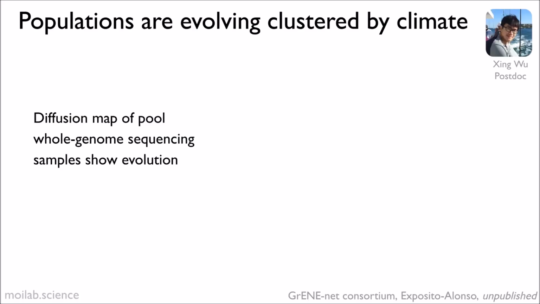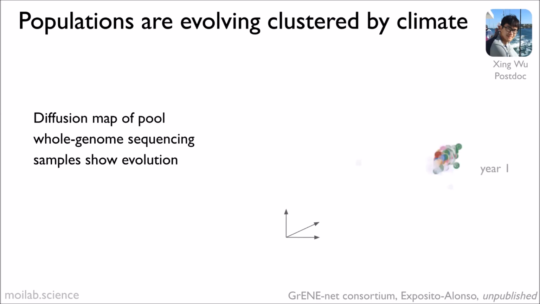So you probably guessed what the power is: that we're conducting these evolve and resequence experiments in extremely natural and sometimes extremely harsh environments that might reveal evolutionary trends that are not possible to recapitulate in greenhouse conditions, even if we had very sophisticated chambers. So we can ask the question, are populations evolving clustered by climates?